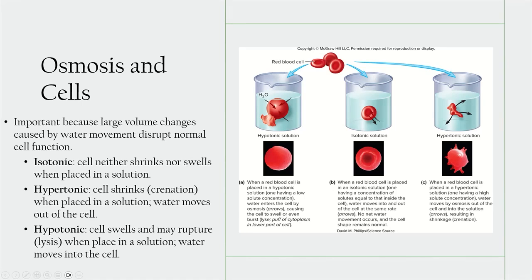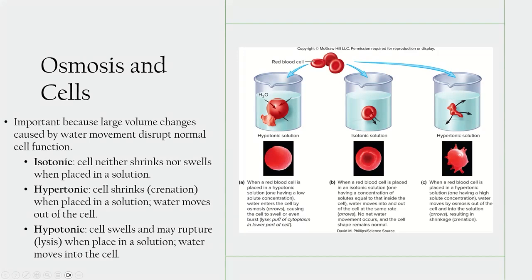So the water wants to go from low to high, so it's going to move out. Hypotonic, lysis occurs, because there's less water inside the cell. So water is going to move inside the cell to balance out the two sides. It's going to swell, making the cell very large, and then burst, right? Because it's trying to balance out the concentration of water on either side of that plasma membrane.